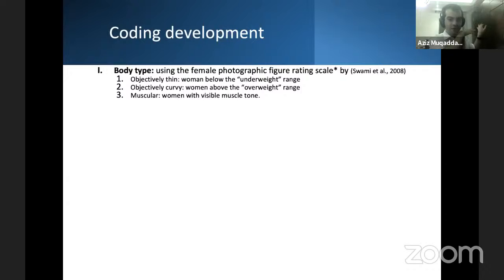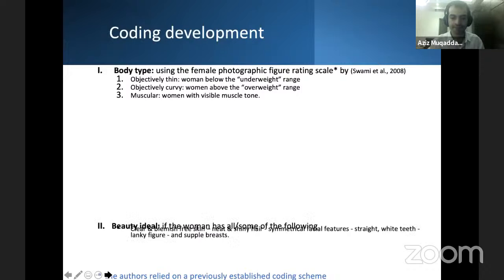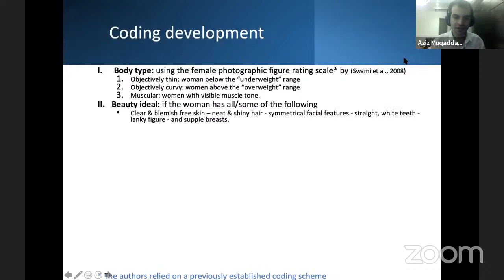You leave your personal preferences somewhere else, and you just say, here's a scale we're going to use on all the cases. So that's one. As I said, they used the previously established coding scheme.